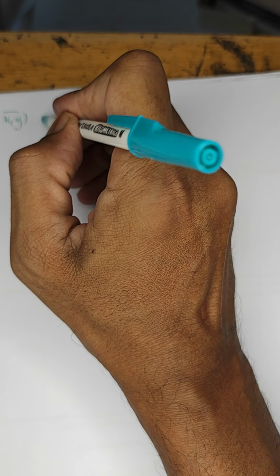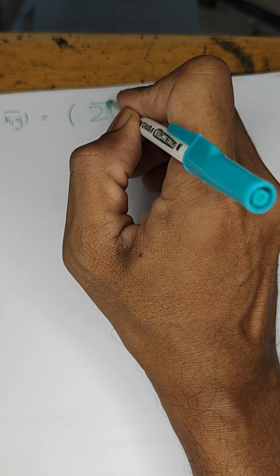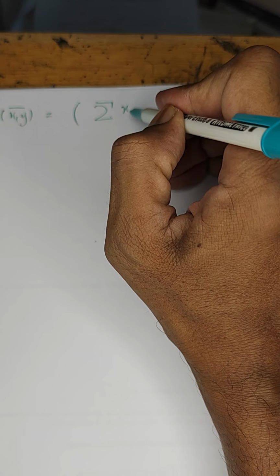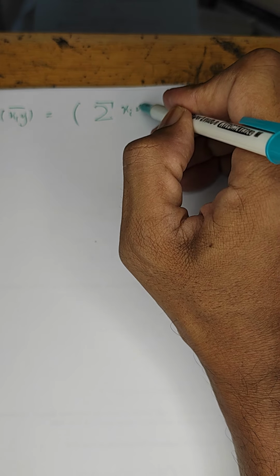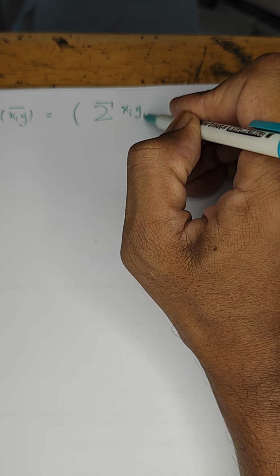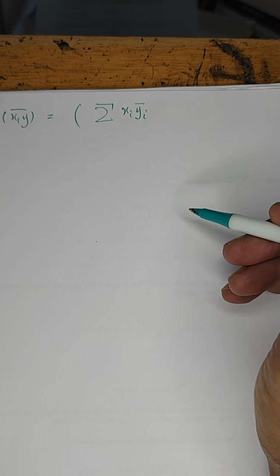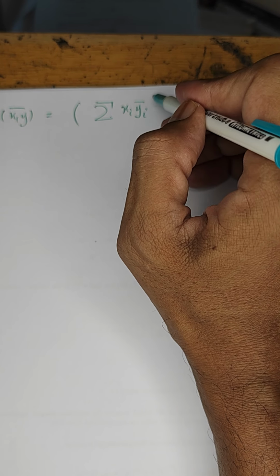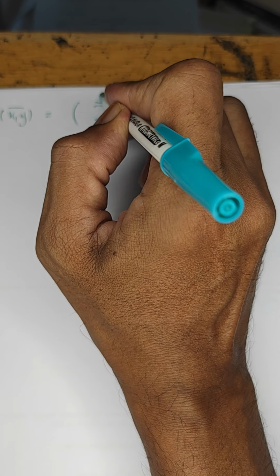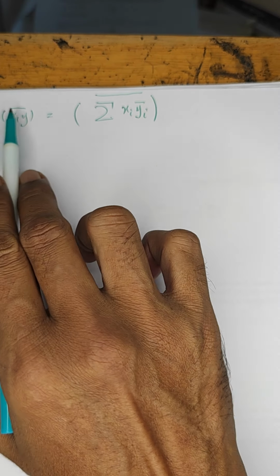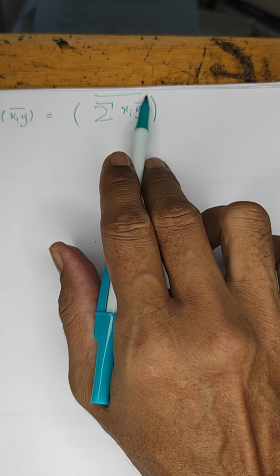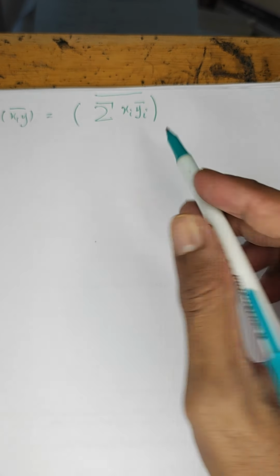So this is equal to, by the definition of the inner product, the sum of xi yi bar, and conjugate everything, because of the bar from the definition of the inner product.